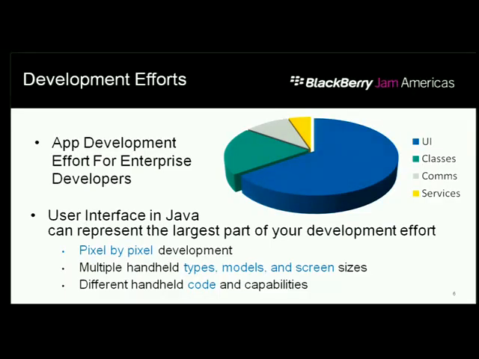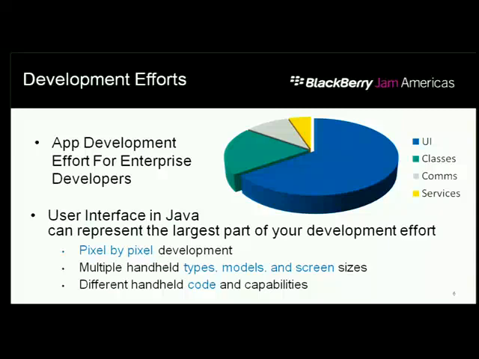So in our experience, the amount of development time that's spent on UI in these enterprise accounts is, you can see from the slide here, around 60 to 70% of the time. And the cool part here is that if you start to look at that and focus on your UI for building in WebWorks, you can really transition easier to BlackBerry 10.